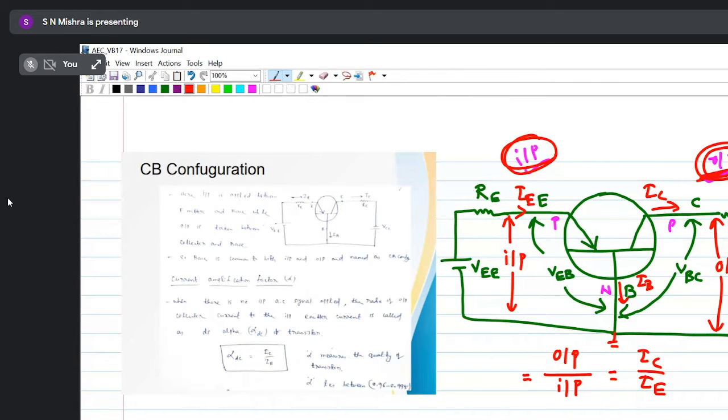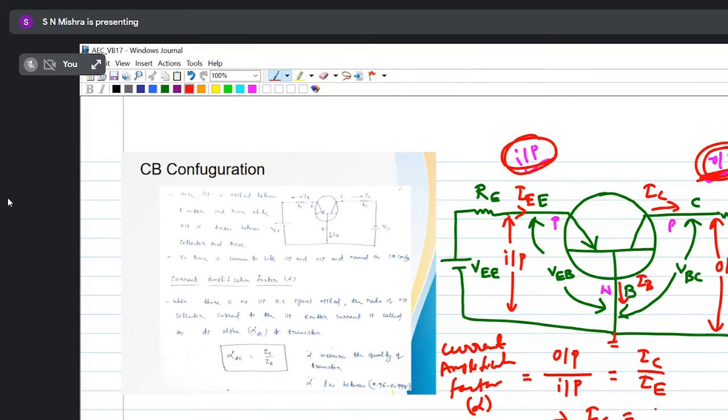This gain is called the current amplification factor alpha. If I cross multiply, what will I get?